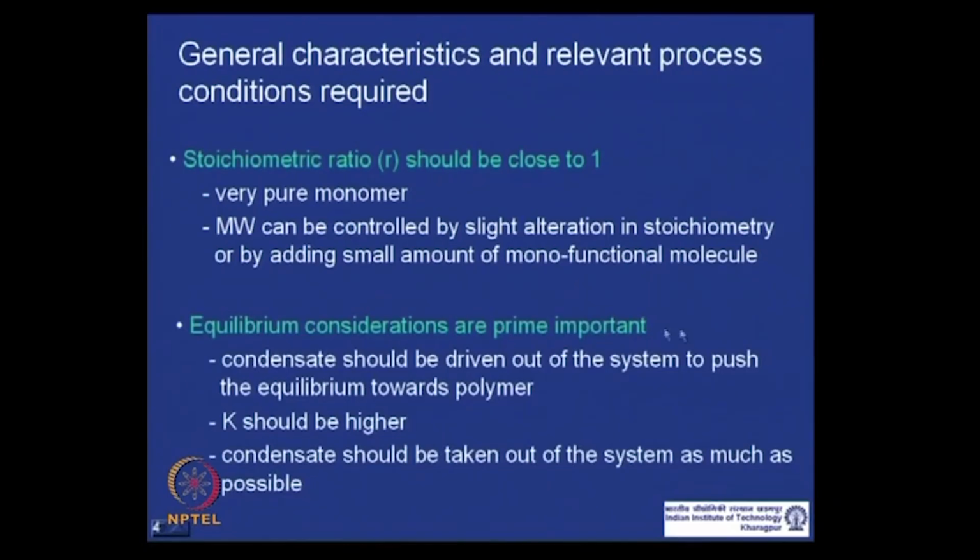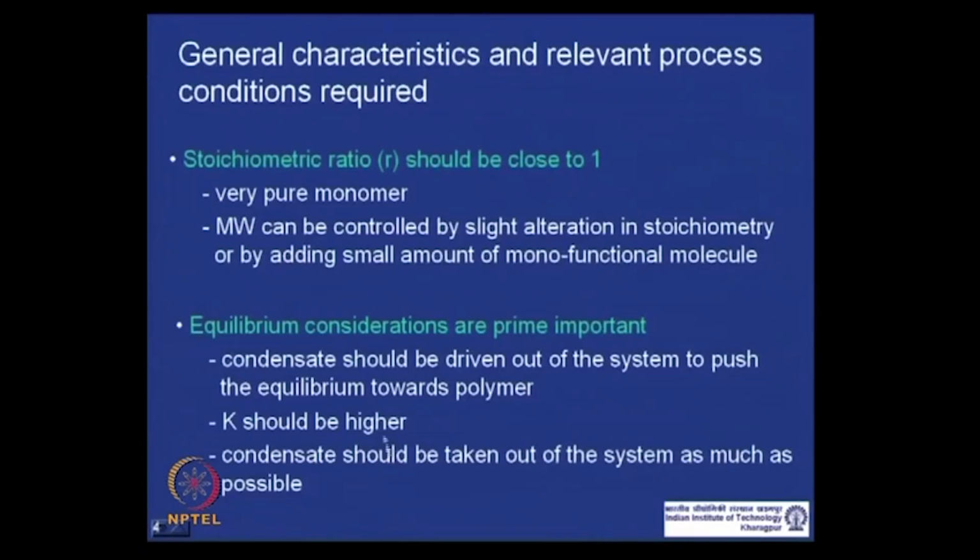We have also seen that equilibrium considerations are very important, of prime importance. We have seen that in most cases these polycondensation or step polymerizations are equilibrium reactions. So, to have product formation, you have to take the small molecular weight condensate out of the system.